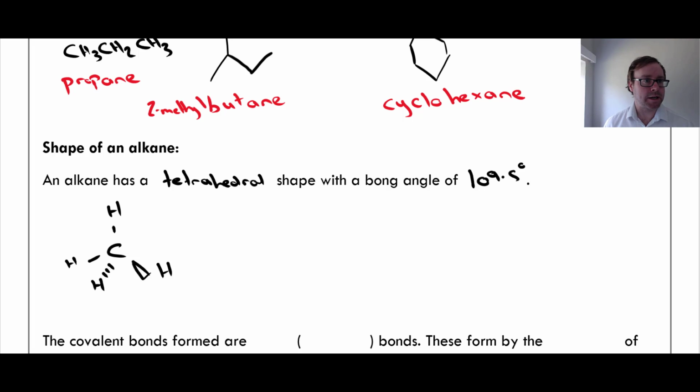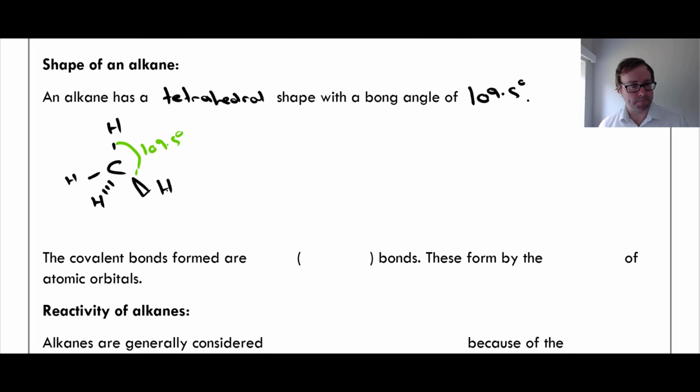So my bond angle here is 109.5, and we only measure bond angles between bonded pairs here. Don't worry too much about that, we'll probably come on to bond angles a bit later. So 109.5 degrees.